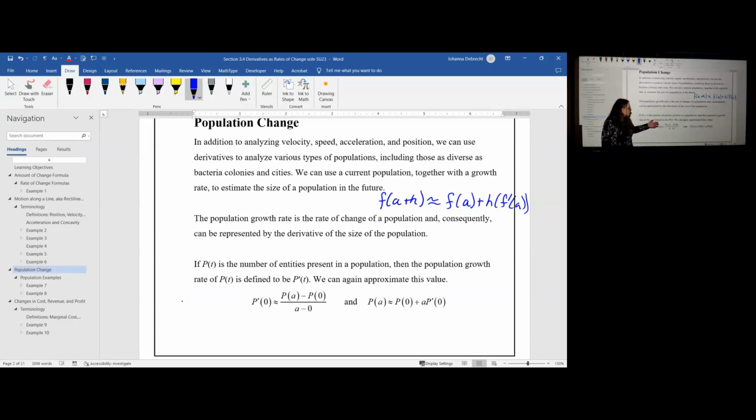The population growth or decline is given by the first derivative of population. We can approximate the population by using this rate formula up here, this change formula, which tells us that the new population is roughly equal to the original population plus the small change times the growth rate.